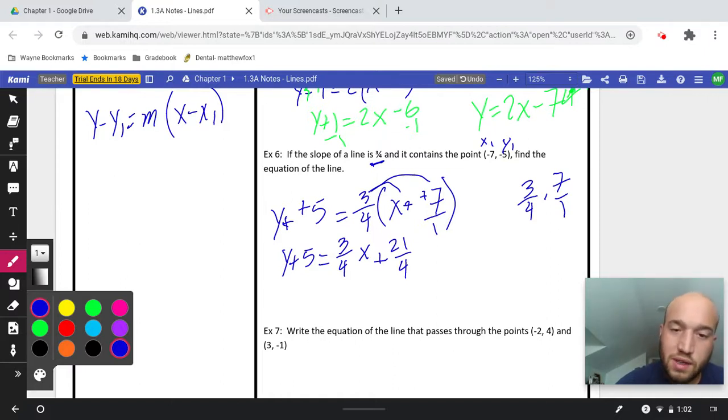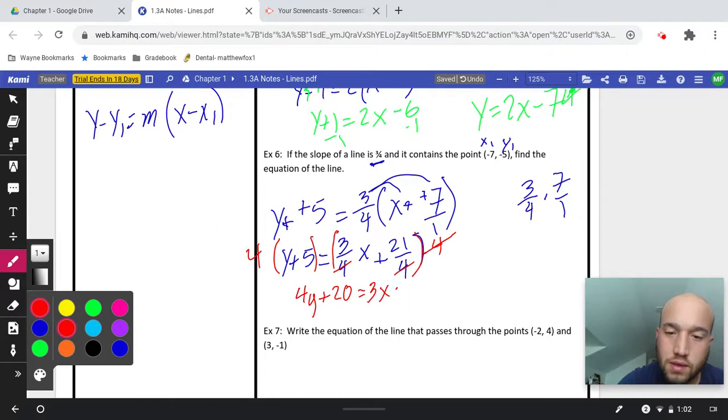Now, both of these are over 4. So if I multiply the right side by 4, let me do this in a different color, then that will cancel out with both of those. However, if I multiply the right side by 4, I also need to multiply the left side by 4. So we're going to be left with 4y plus 20 equals 3x plus 21.